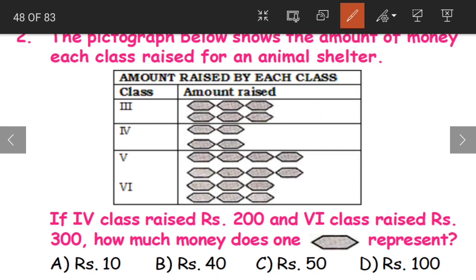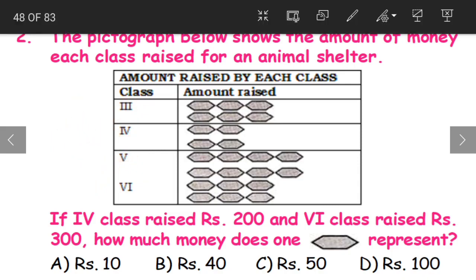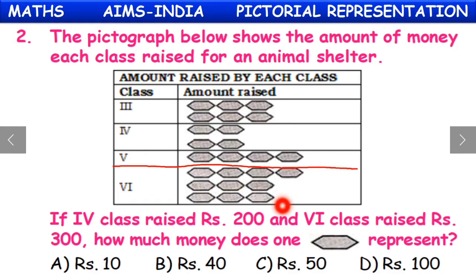Now look at the pictograph children. Here we are having 4 classes, 3rd class, 4th class, 5th class and 6th class. Now each class has raised certain money.